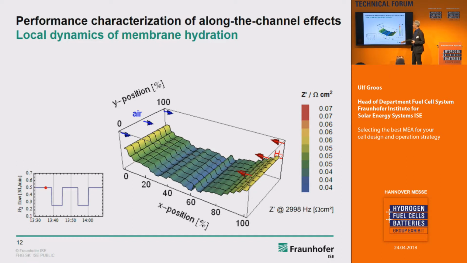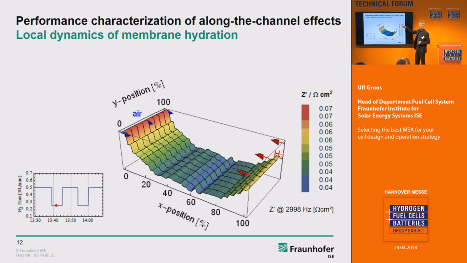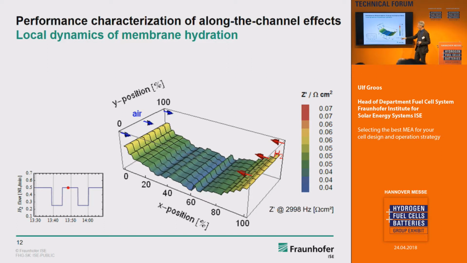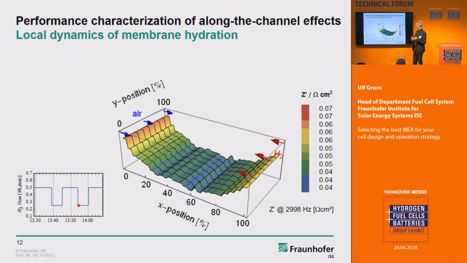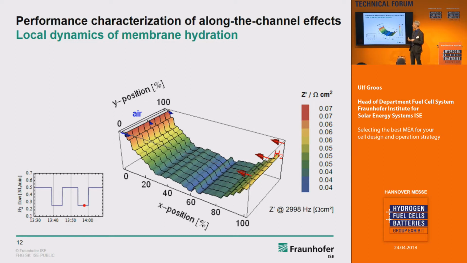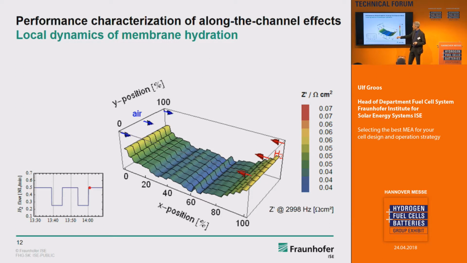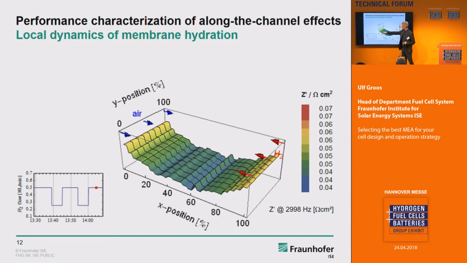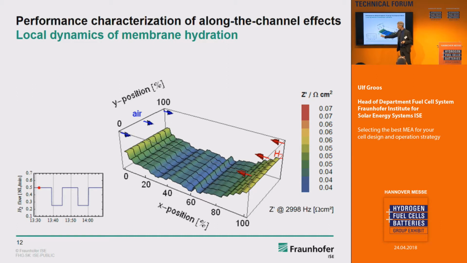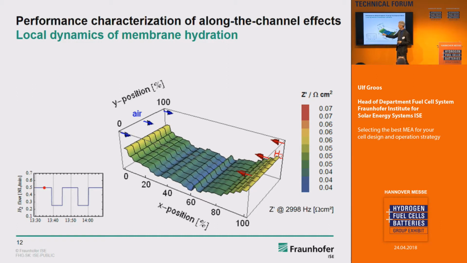And here you have the results. What is shown here is the high frequency resistance at around 3 kilohertz. And the high frequency resistance gives you a hint about the membrane humidification. By looking at this curve, you can see how the humidification behaves along the channel together with the hydrogen flow.